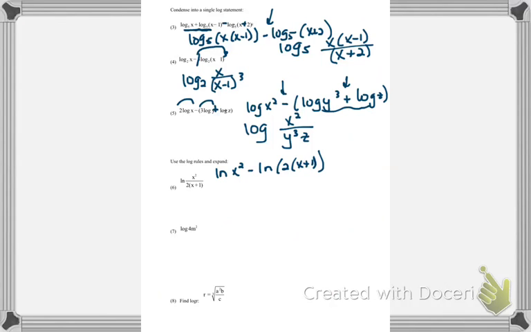Then we're going to take this, which is a multiply, and we're going to turn that into an add. And you're going to need parentheses here. Now, if you would like, you could leave your parentheses there, or you could distribute your negative sign, which is probably a little bit easier.